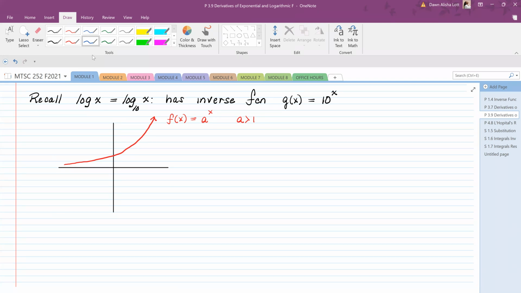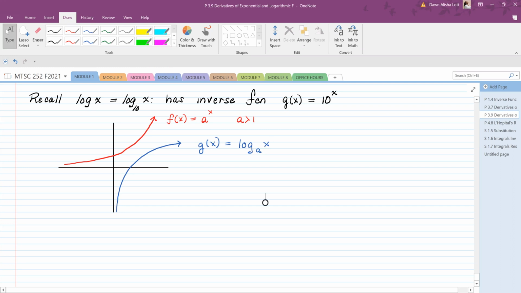And then I can have its inverse function, g of x equal to log base a of x. So now I have two new functions, not necessarily using e, but just using some number a. These are inverse functions.